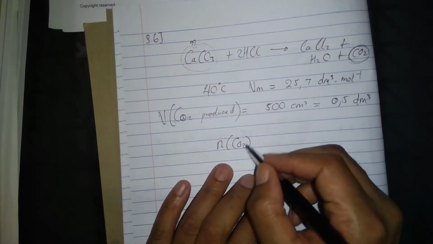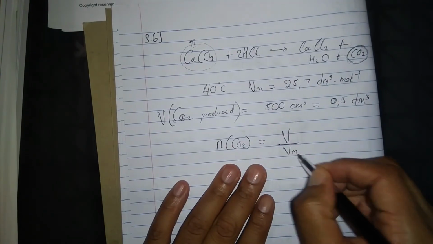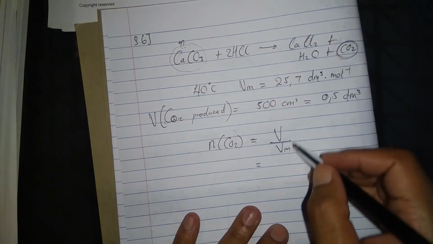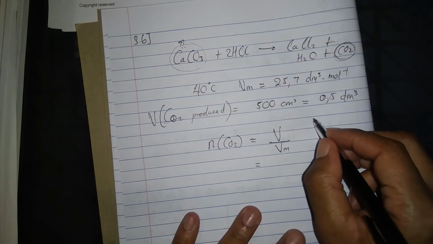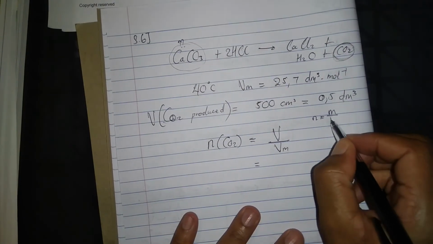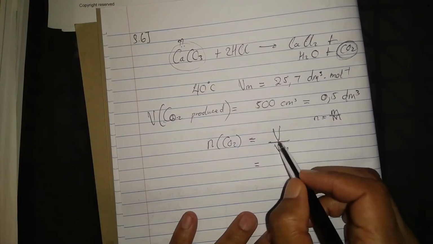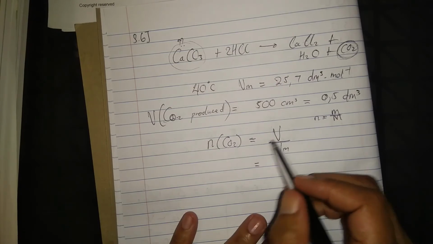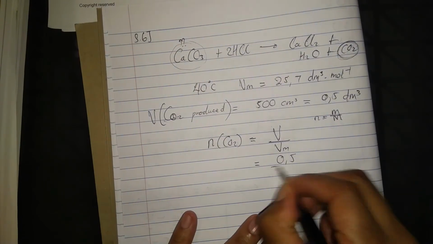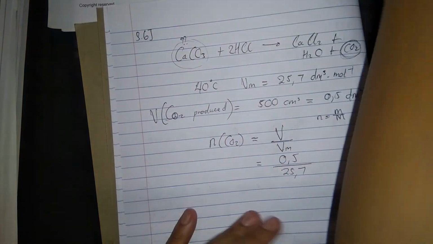So the number of moles of carbon dioxide is equal to volume divided by molar volume. This is another formula for calculating the number of moles. If given mass, I calculate it as mass divided by molar mass. But since we are given molar volume, we need to use the volume produced to calculate the number of moles. So volume produced is 0.5, molar volume is 25.7.